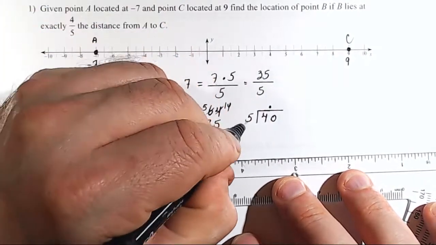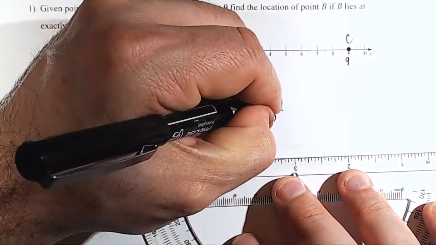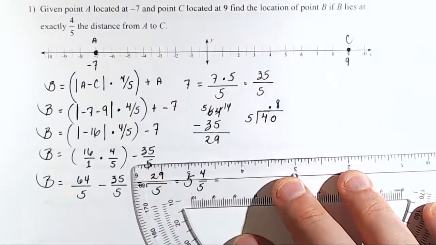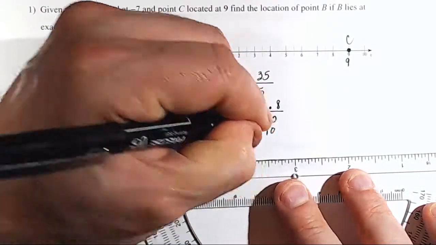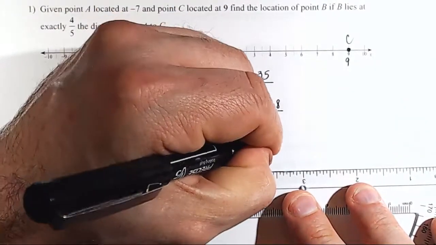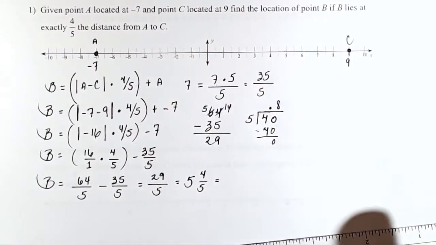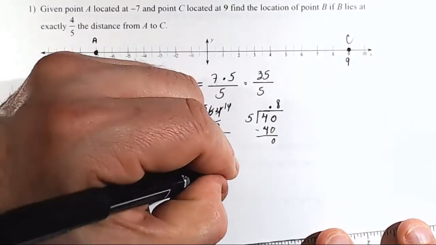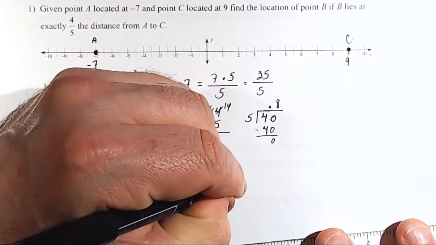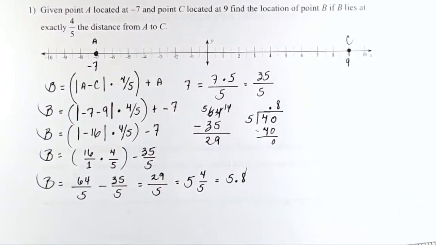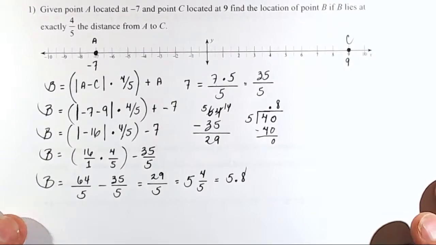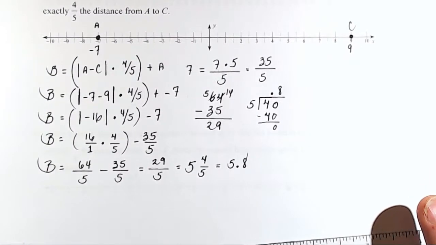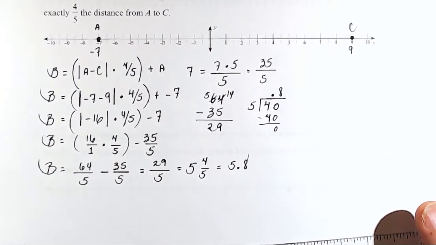Okay, so how many times does 5 go into 40? Well, it goes in 8 times. 8 times 5 is 40, and there's no remainder. Okay, so 0.8, that means that 5 and 4/5 is equal to 5.8. We're almost done. So here is what we must do now.